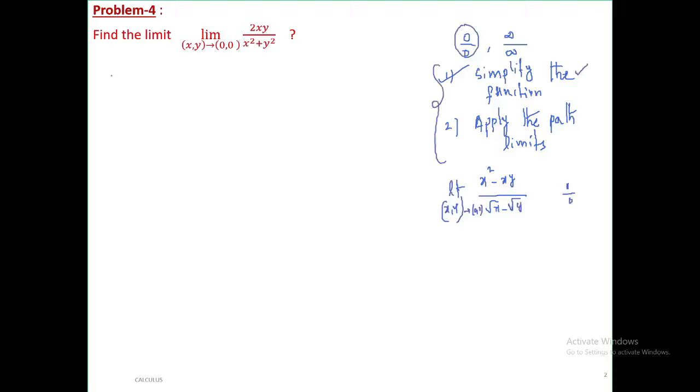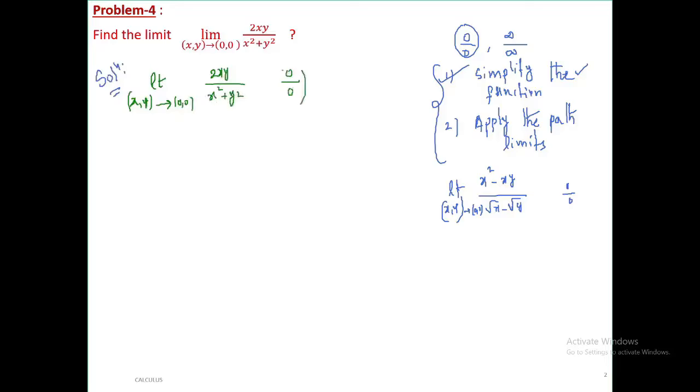Now look at this one. This is also the same kind of problem, (x, y) reaching to origin, 2xy upon x square plus y square. If you apply the direct limit, what will you get? 2 into 0 into 0, so 0 divided by 0 square plus 0 square is 0.